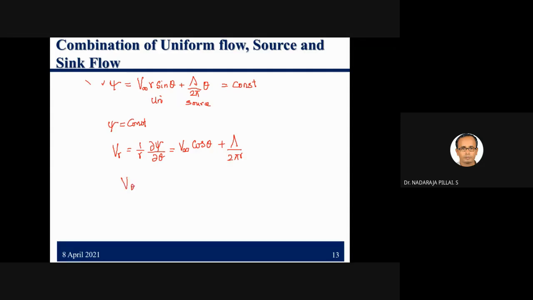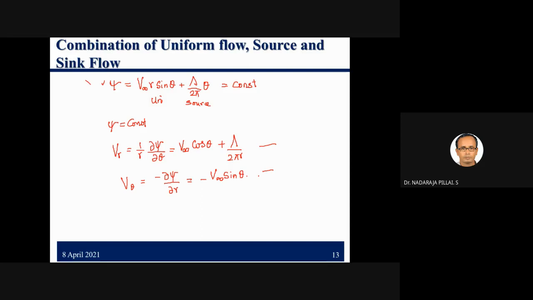Similarly, V theta can be expressed as minus dou psi by dou r. That is, we can write this as minus V infinity sin theta. So we have Vr and V theta, right?